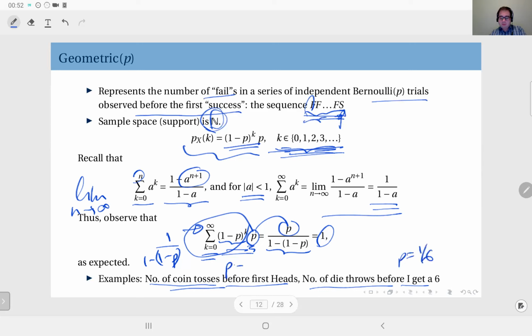Here, provided it's a fair coin, p equals 1/2. You see, the parameter of the geometric distribution is p, the parameter of the underlying Bernoulli trial. We do not have an n because it can practically go to infinity in the most general case.